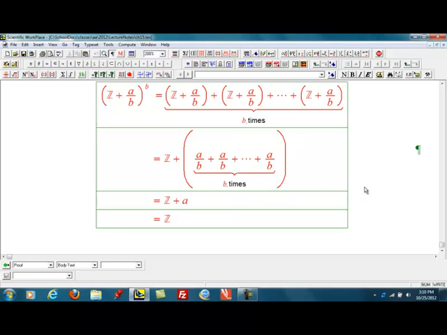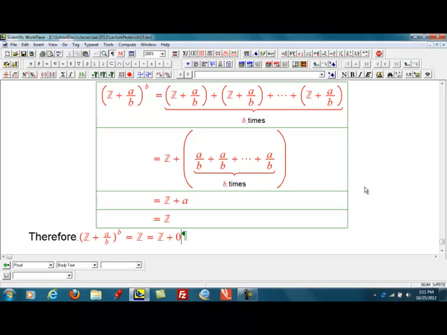Integers. So what we have just shown is if you do Z plus a over b to the b power, which is a non-zero integer, that's equal to the set of integers, which is the identity of the cosets, because it's Z plus 0.